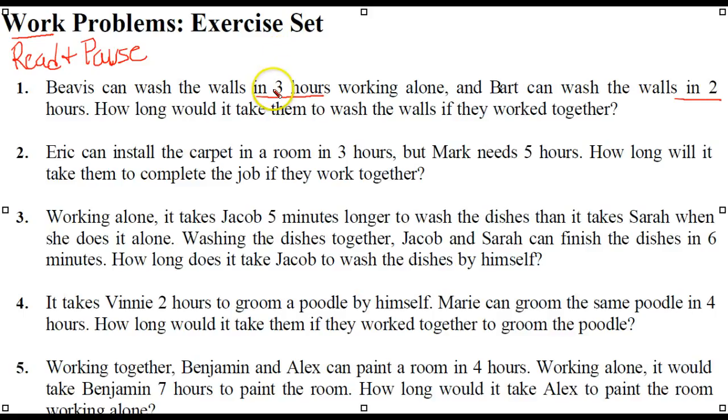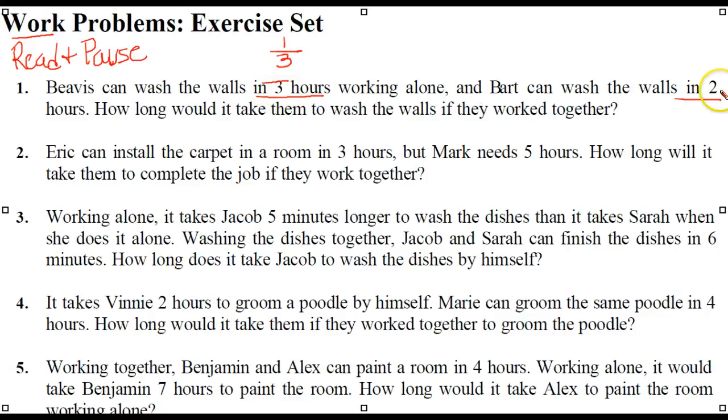All right, so what would be Beavis's rate? How much could he get done in 1 hour? Well, his rate, he could get 1/3 of the job done. He can get 1/3 of the job done in 1 hour.